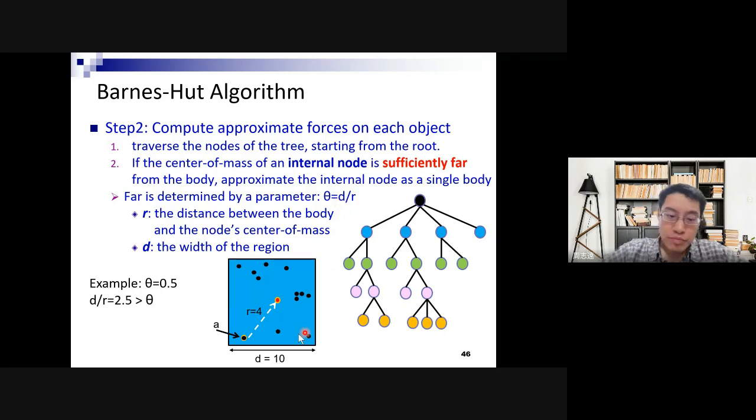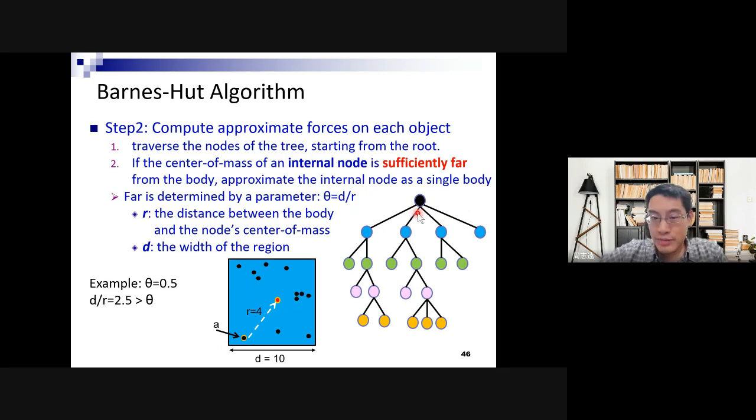So how we combine them: for example, we want to determine how to cluster all those dots with respect to this point A. We do that by traversing the tree structure from the root. If it stops at the root, that means everyone is treated as a single cluster.